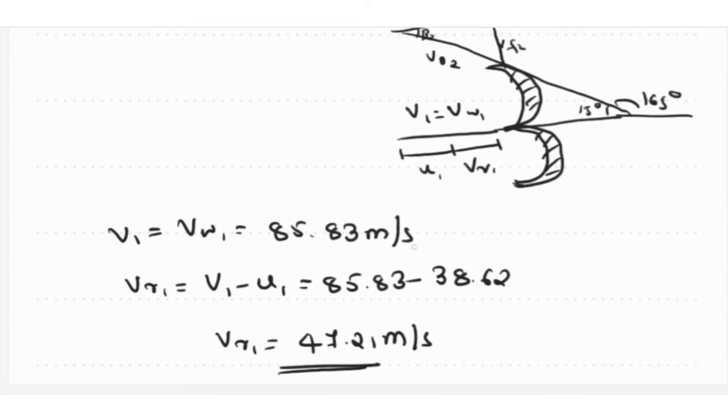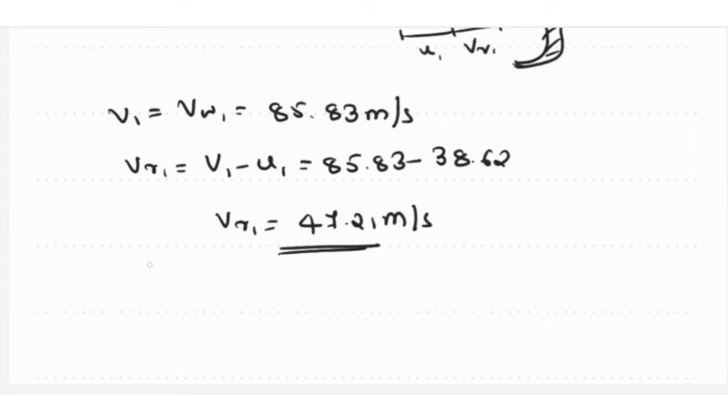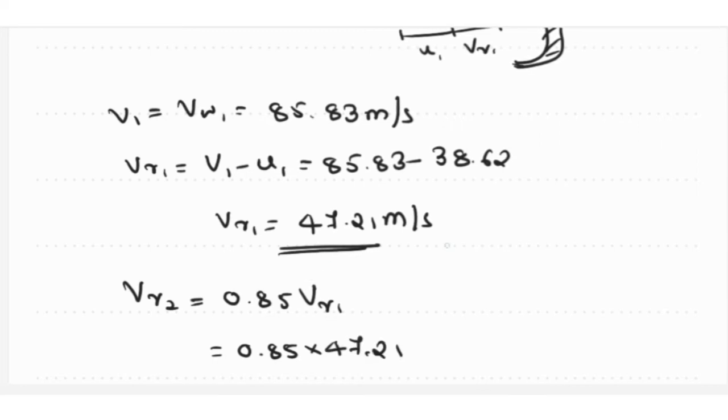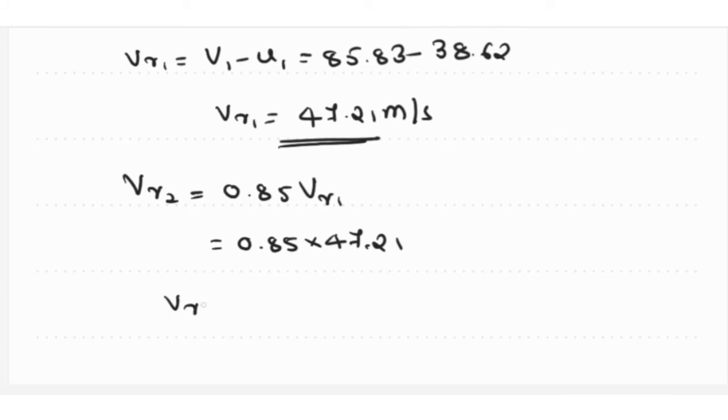Now, knowing VR1, we can calculate VR2. VR2 is equal to 0.85 times VR1, so that is 0.85 into 47.21. So we'll get VR2 is equal to 40.13 meter per second.